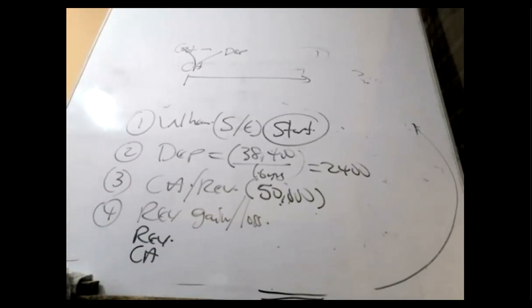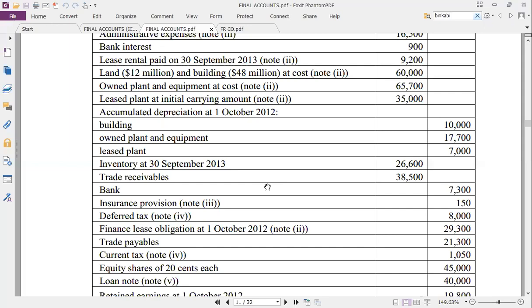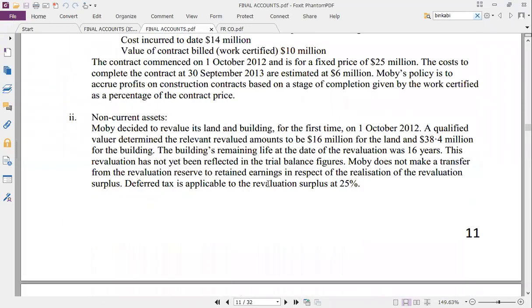What is the revalued amount at the date of valuation? It's in the footnote. Can I sum them together? Land and building, 38.4 plus 16. So that's 54,400, right?